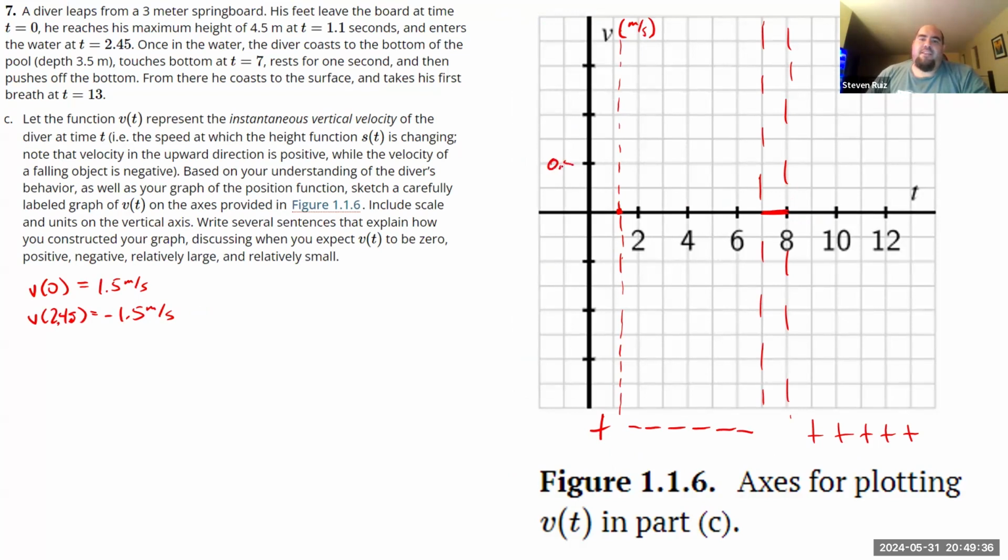I'm going to give each of these black hash marks a change of half a meter per second. So going as high as 1.5 and as low as -1.5. So starting from +1.5 at time equals 0, at time equals 2.45, I'm going to have a minimum velocity of -1.5.